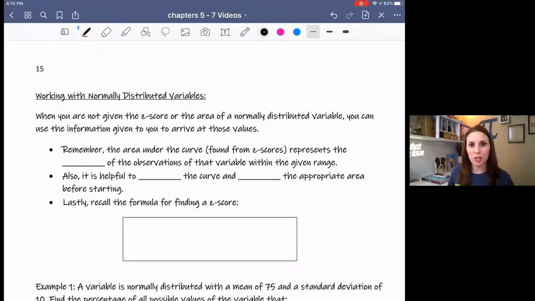In the previous lesson, we were often given the z-score or the area, and we used the tables to help us find one or the other. Maybe you're not given that information, but you should be given enough information that you can find those things.